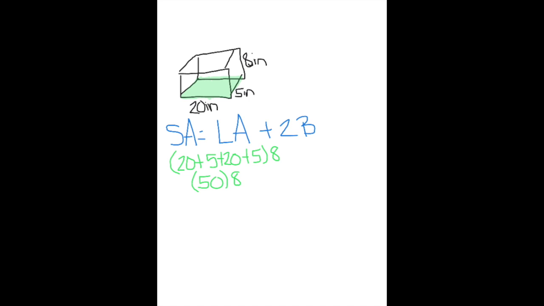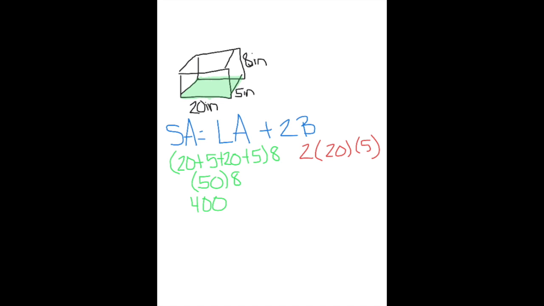Once I have written down what I need to plug into my formula, I'm going to simplify just that side. So I added the 20, the 5, the 20, and the 5, and I got 50, wrote down that 8, and then I multiplied those two together. Now I'm going to focus on finding the area of my base.